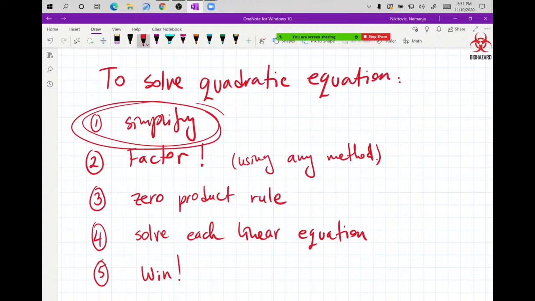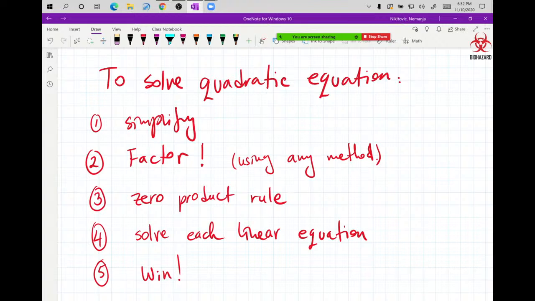Simplify is not always used. Sometimes you can do like terms, add and subtract like terms and so on, or maybe divide the entire equation by 2 or something to reduce numbers. So sometimes that's possible. And then you get to the very important step, which is factor.